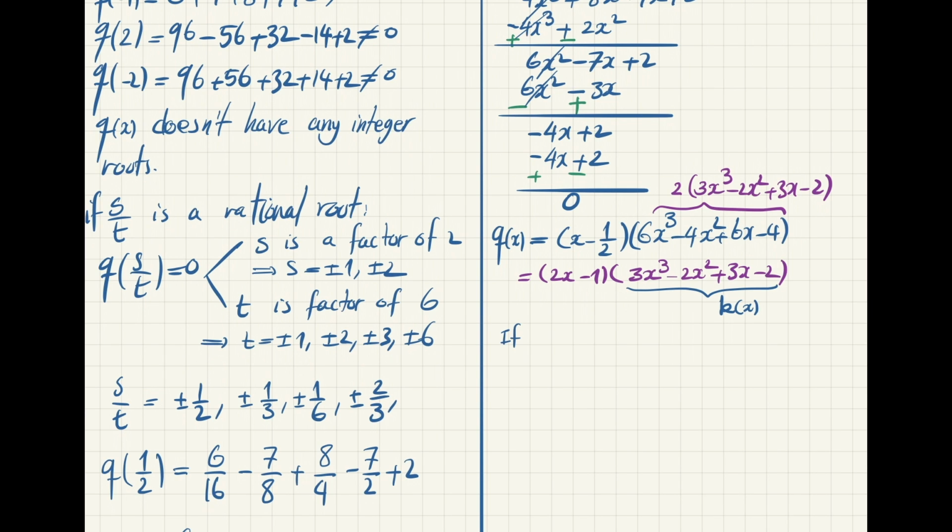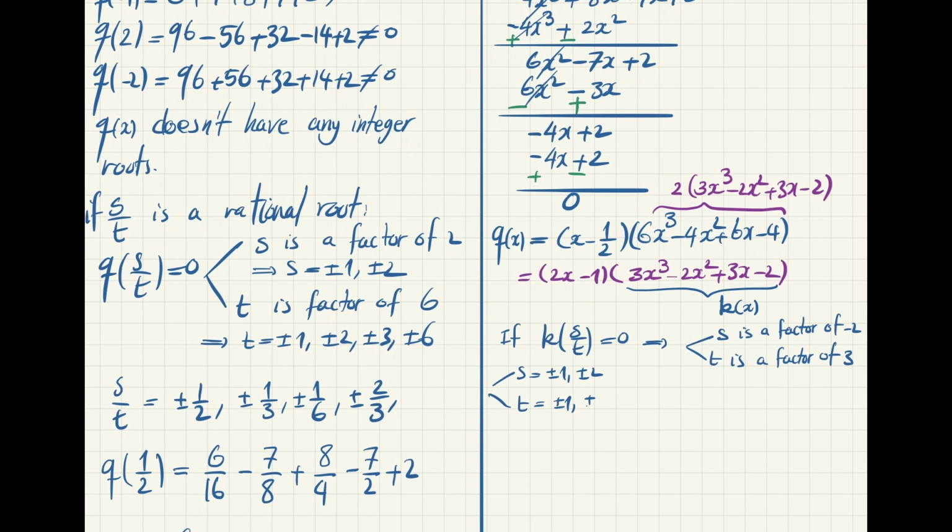If k of s over t is equal to 0, where s over t is a rational number, then s is a factor of -2 and t is a factor of 3. So for s I have plus and minus 1, plus and minus 2, and for t I have plus and minus 1, plus and minus 3.